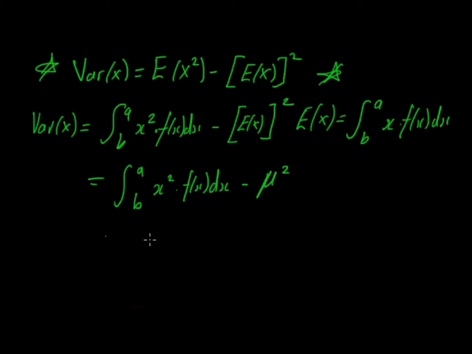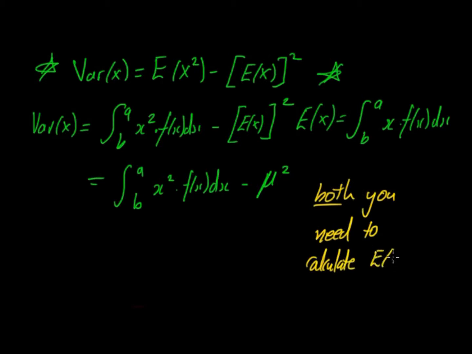That's another way you can calculate the variance. In both cases, you need to calculate the mean, because in the previous formula we used the mean, and in this formula the mean is used again. So in questions, if they say calculate the mean and then calculate the variance, note what answer you got for the mean, because you'll then need to use it.